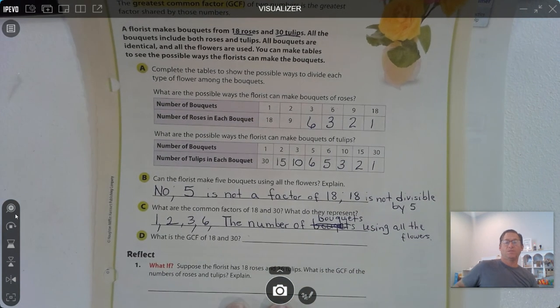So 1, 2, 3, and 6 are the common factors, or the number of bouquets that we can make using all of the flowers.